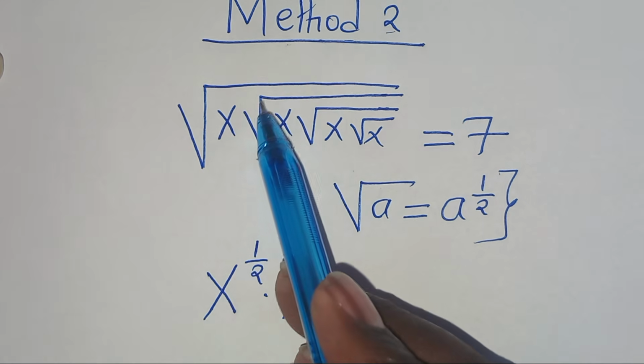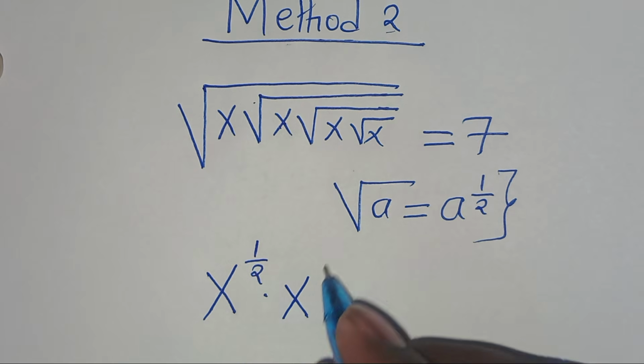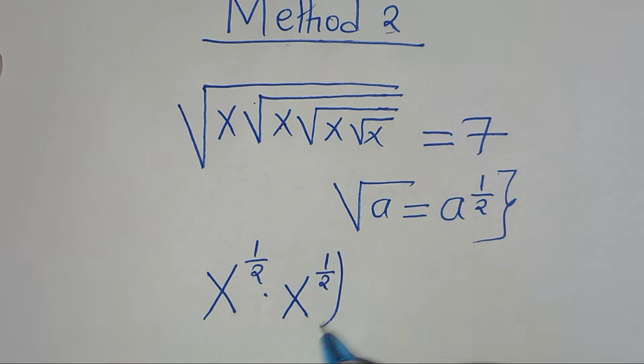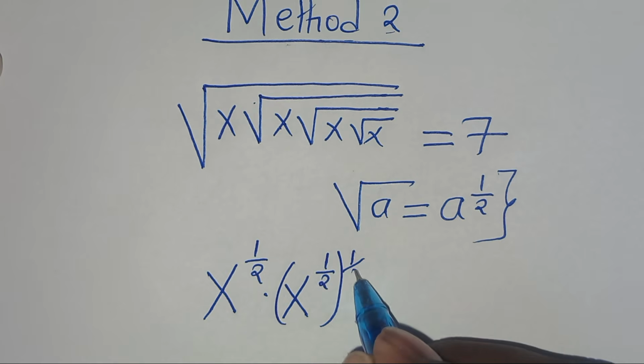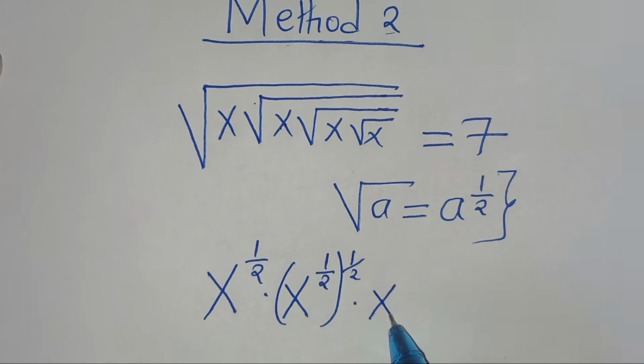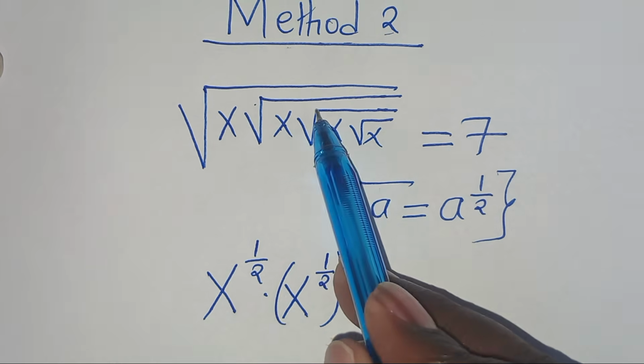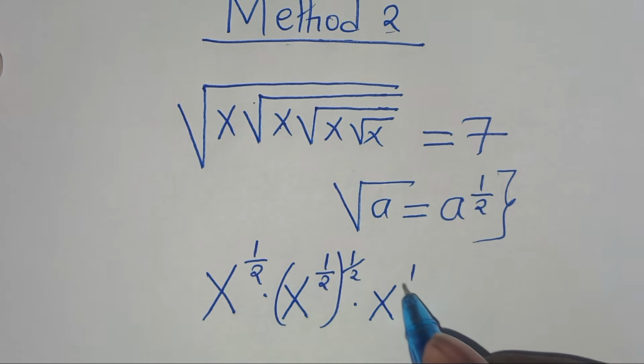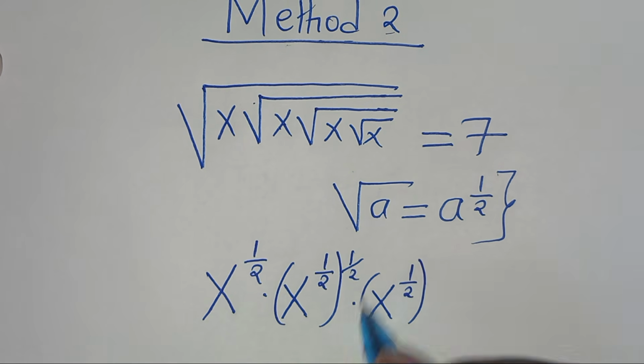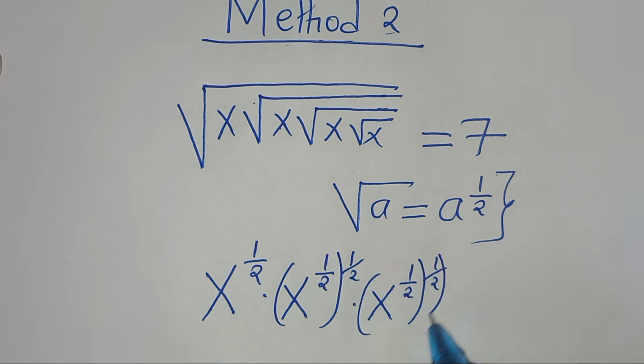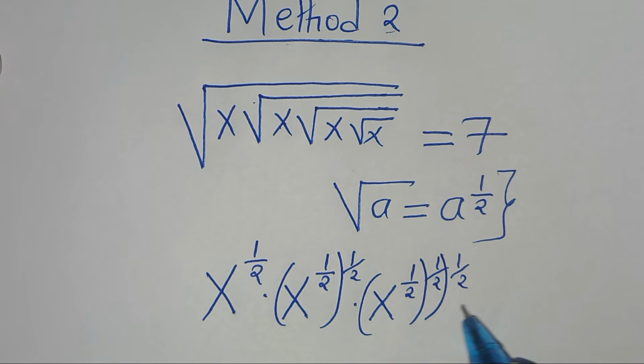This x has got two square root signs here, so this is x raised to the power of a half, then raised to the power of a half, multiplying by x. This is under 3 square root signs, so this is x raised to the power of a half raised to the power of a half, and then raised to the power of a half, multiplying by x.